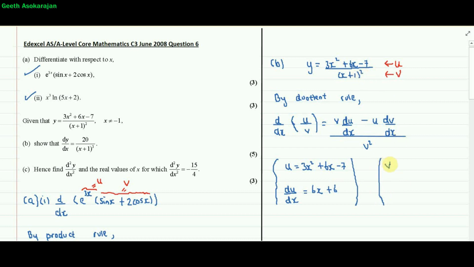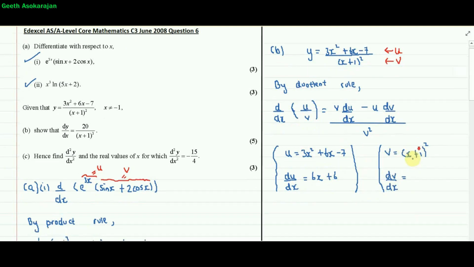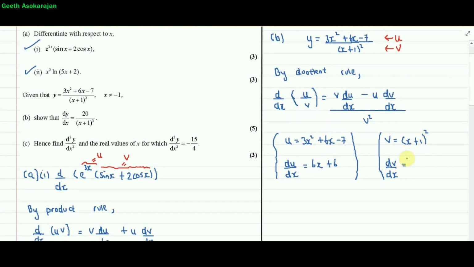v is the term in the denominator, which reads (x plus 1) squared. And let's calculate dv over dx. Now, to work out dv over dx, or the derivative of such a term, we need to use the chain rule. If you're unaware of how the chain rule is applied, I have created videos on my channel, and I'll provide links to those videos in the description below.